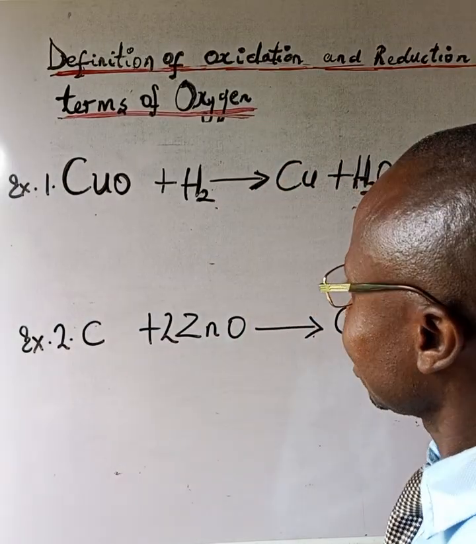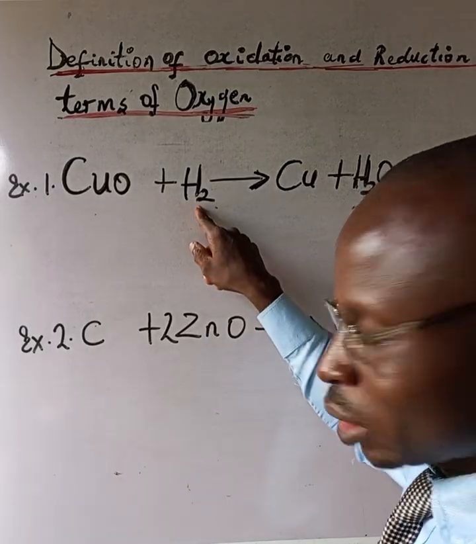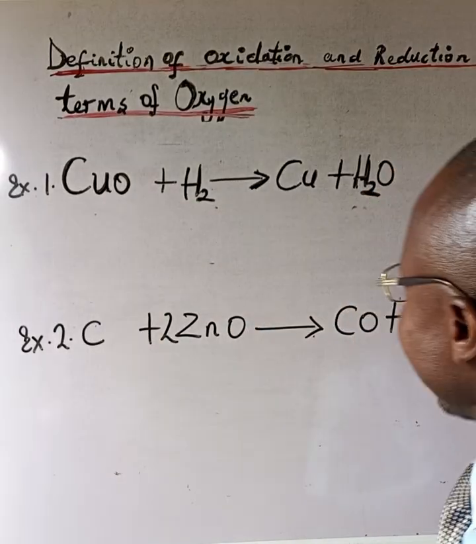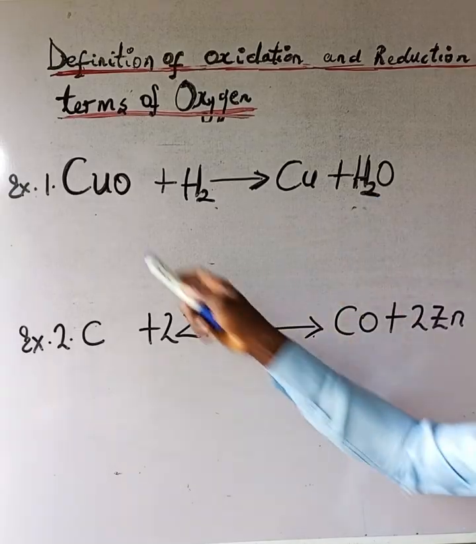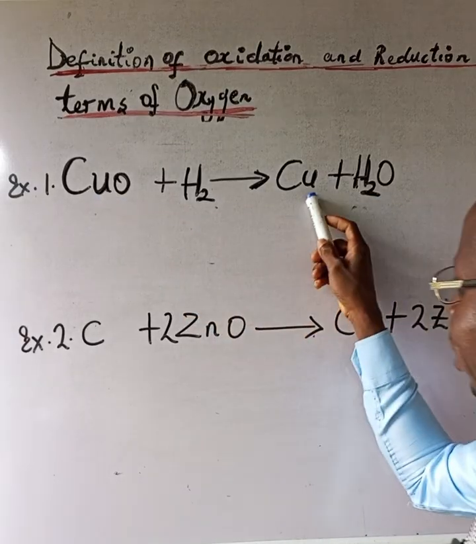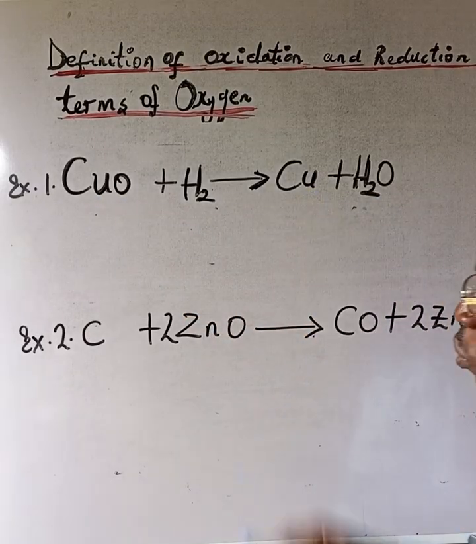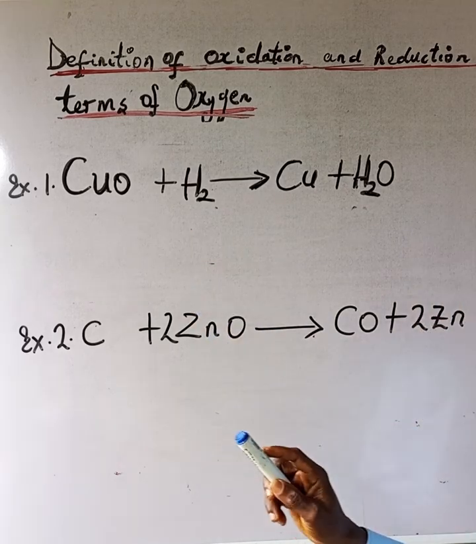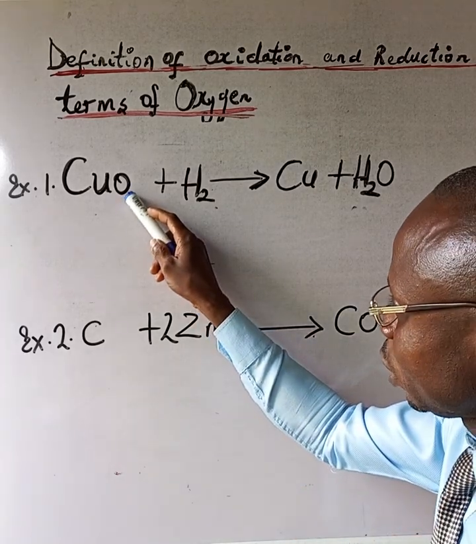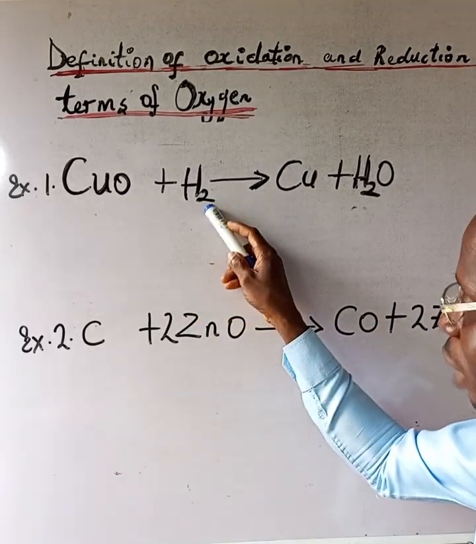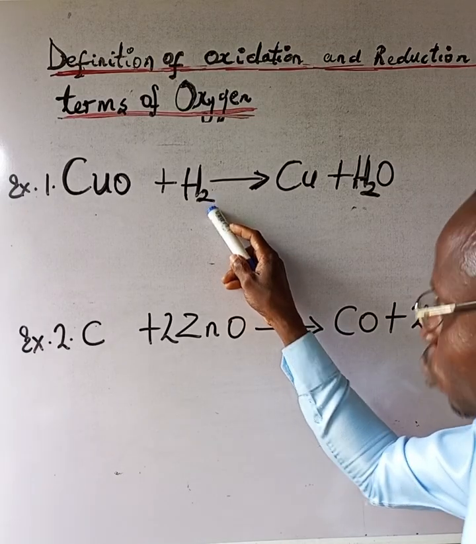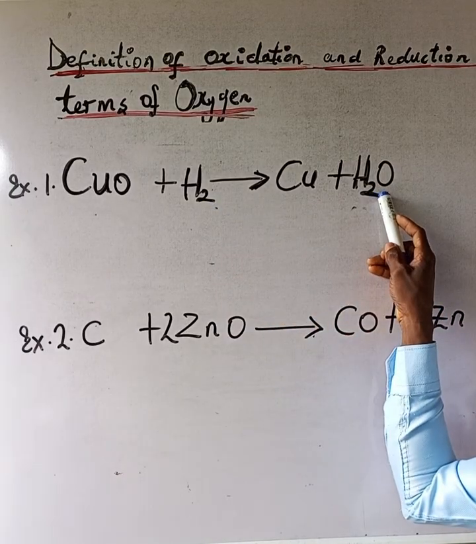So here we have hydrogen, and here we have water molecules. We have copper 2 oxide, and here we have copper metal. If you look at it very well, the oxygen from copper 2 oxide is added to hydrogen molecules to produce water molecules.